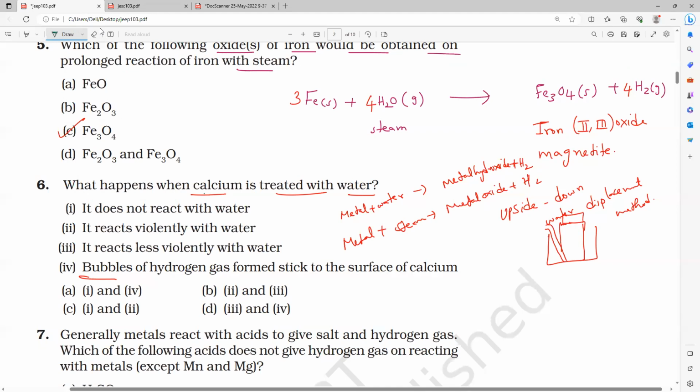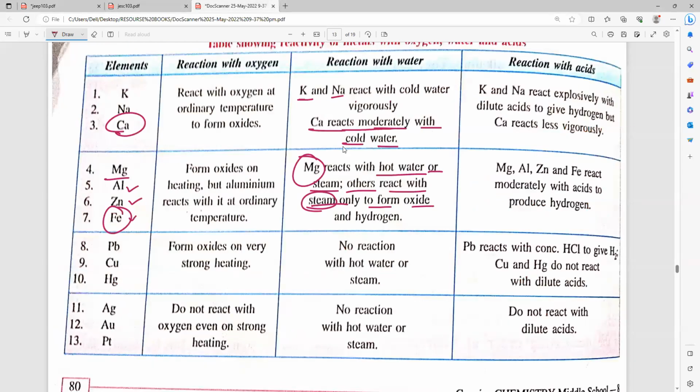Now calcium treated with water. We all know it will react with cold water. It does not react vigorously, it reacts normally. It will react less violently with the water, am I right or wrong? Here you can see the words: it will react moderately with cold water. Clear, everybody?